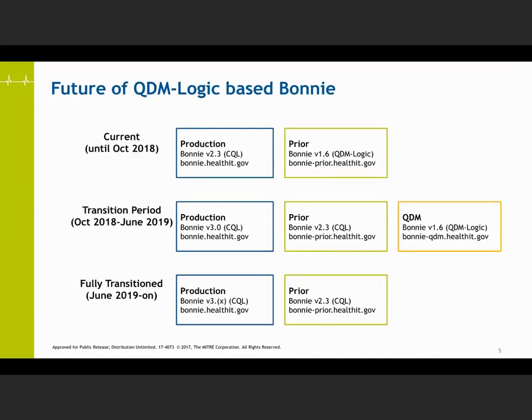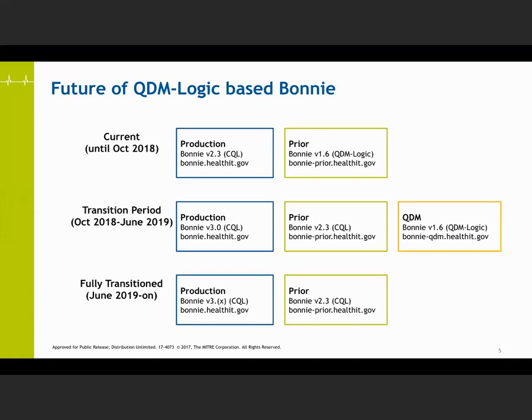Alright, so now the future of Bonnie, and specifically QDM logic Bonnie. The current situation, up until tomorrow, is that we are running Bonnie 2.3 on bonnie.healthit.gov and QDM logic-based Bonnie on Bonnie-prior. Starting tomorrow, we will be moving Bonnie 3.0 to production, Bonnie 2.3 to Bonnie prior, and for a transition period, we will be supporting Bonnie QDM on a new server called bonnie-qdm.healthit.gov.